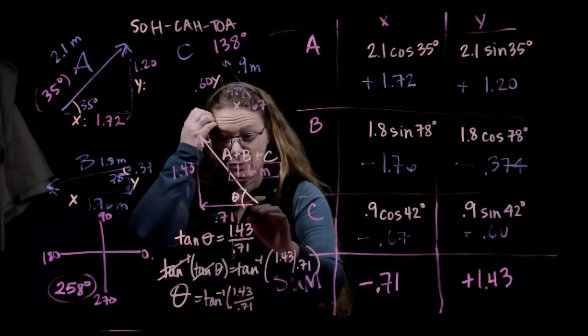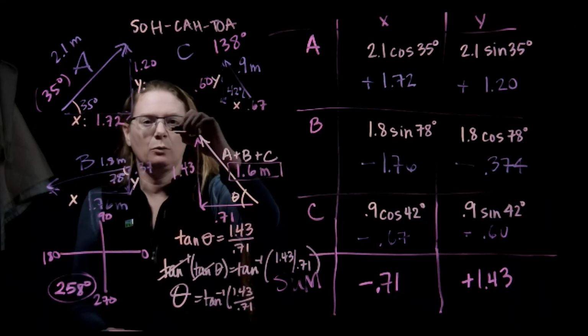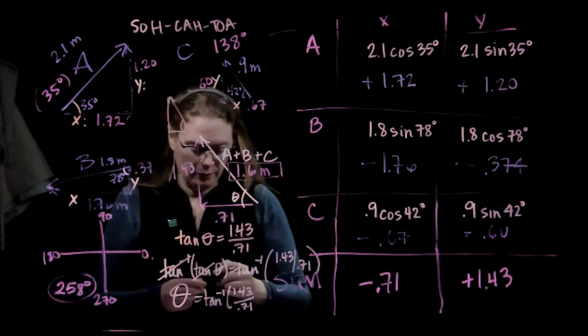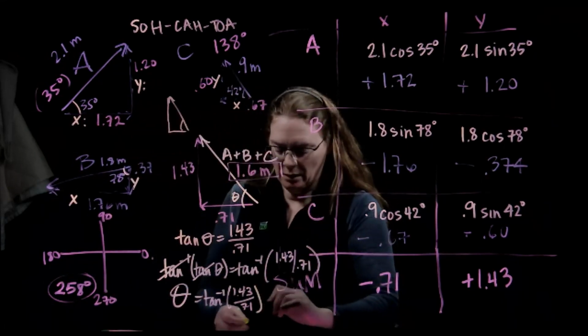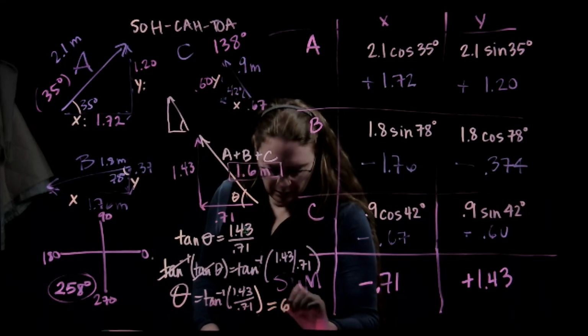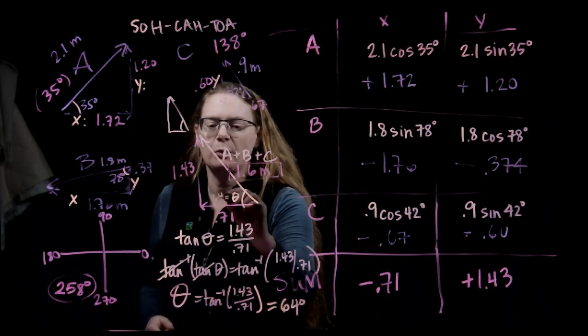Okay, so if I did this to scale, this is like a 1 to 2, 1 to 2. So this angle should be more than 45. More than 45. So I get 64 degrees. So 64 degrees.